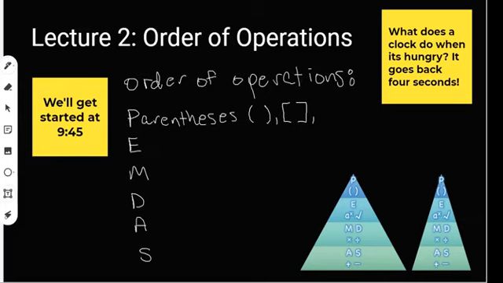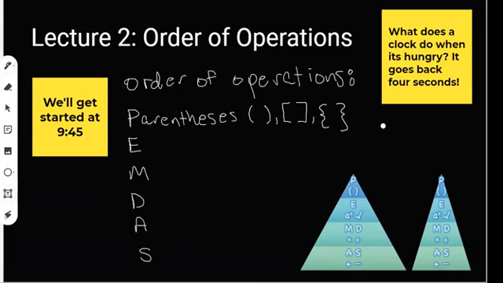You'll also see those. And then the last type of grouping symbol that you'll probably see is the braces. Does anybody have braces on their teeth? These are called braces. That's really the highest order of grouping symbols you'll ever see.